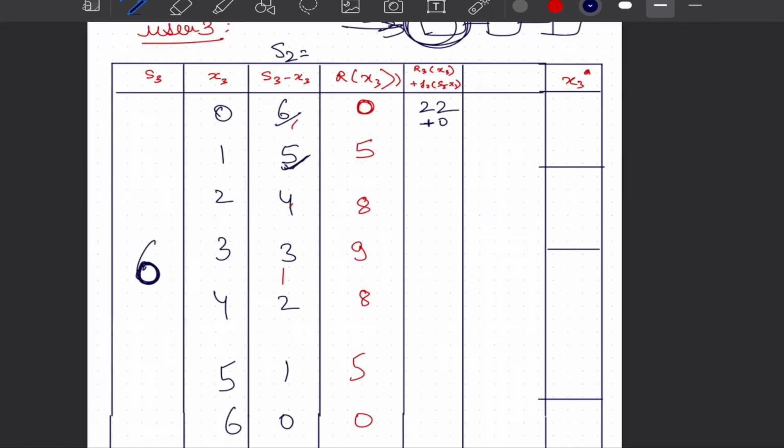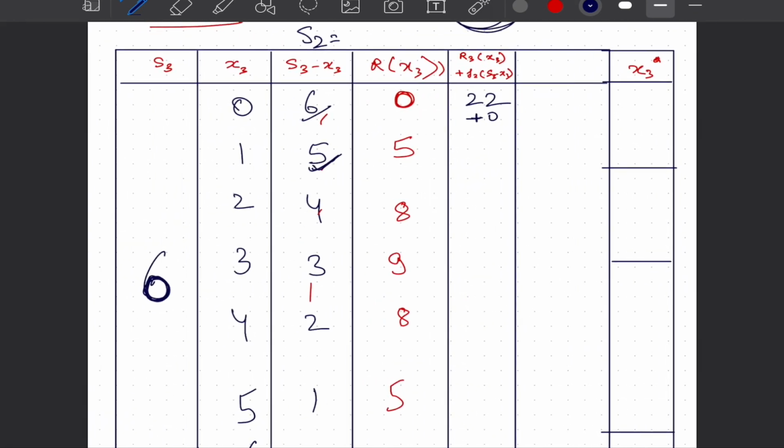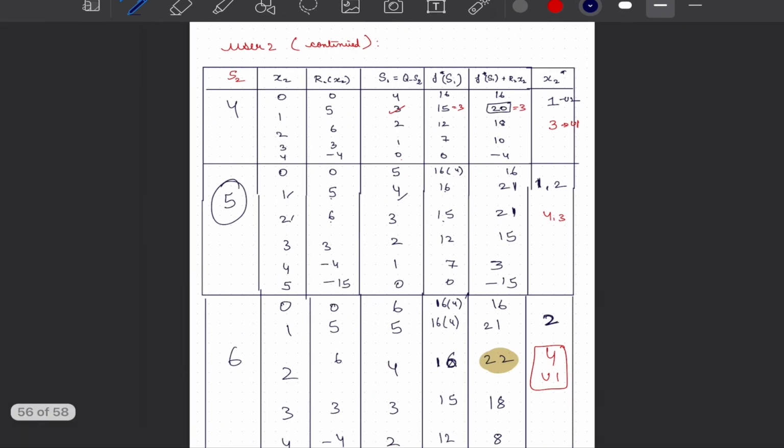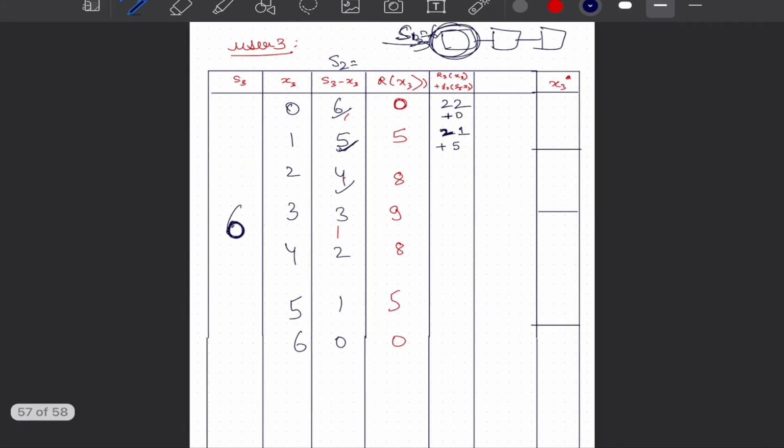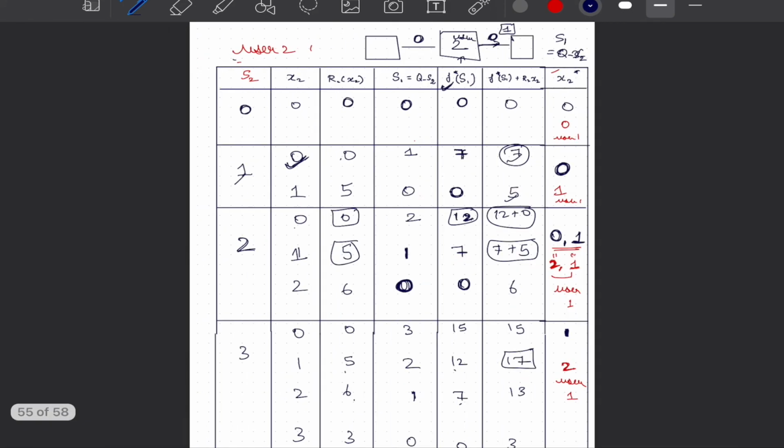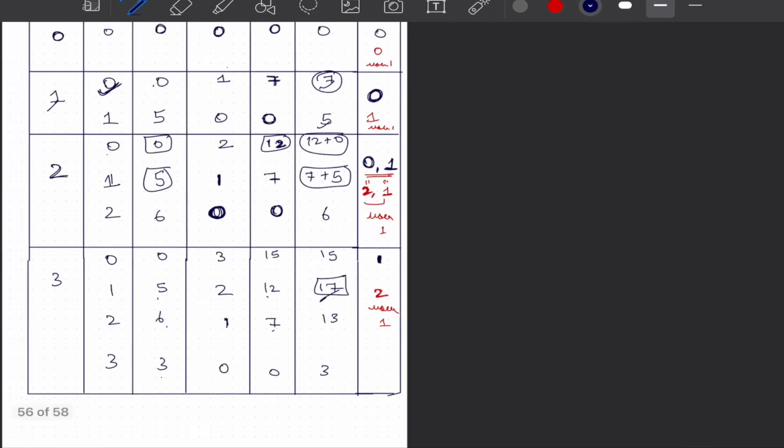So our return is going to be 22 plus 0, as we have R3 as 0 here. If we have 5 units of water available at the beginning of S2, we should allocate corresponding to the cost of 21. So this becomes 21 plus 5.